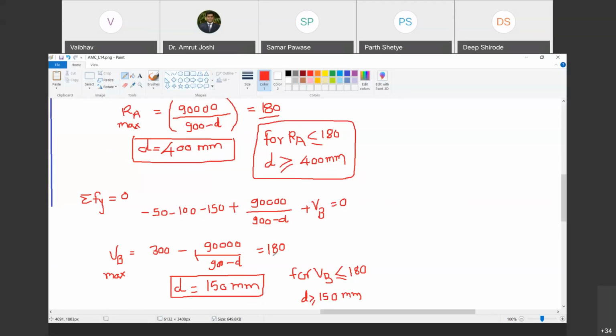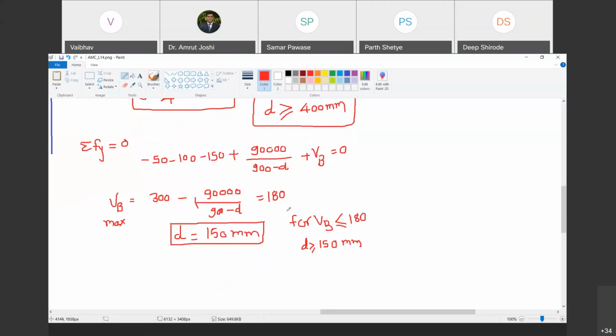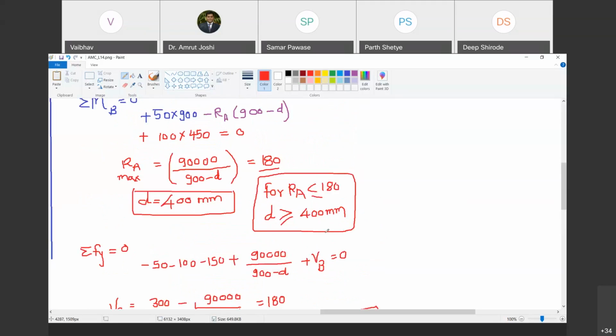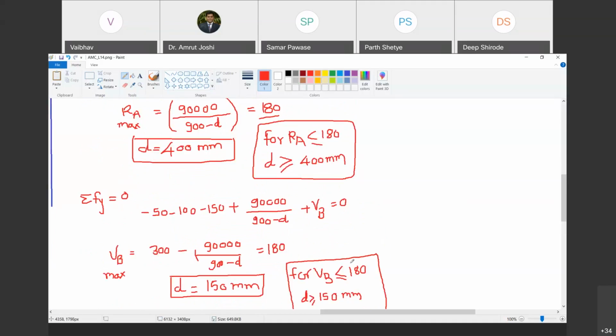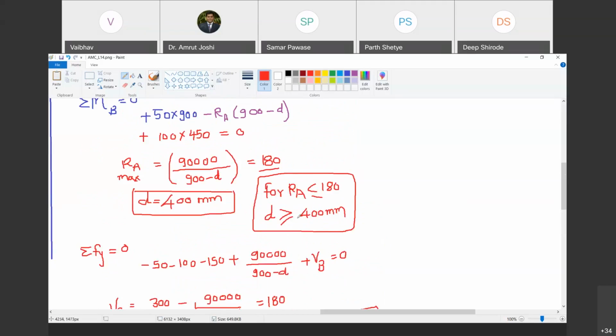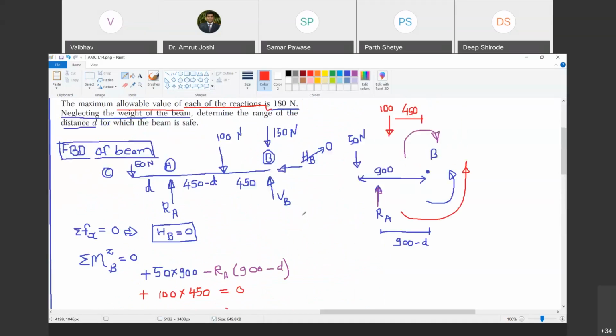Are you with me? Yes. So therefore, I want D to be greater than or equal to 150. And what value came here? Did we do it right here? Where, sir? Above, D has to be greater than 400.